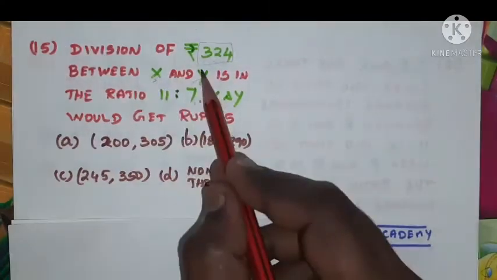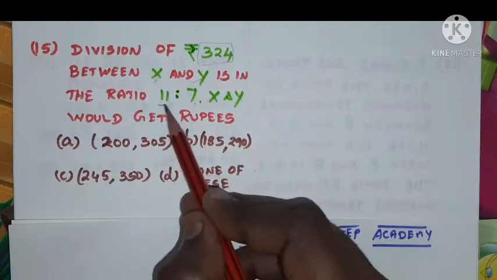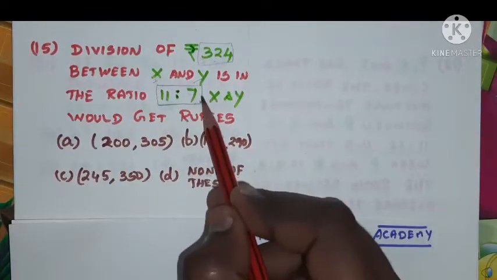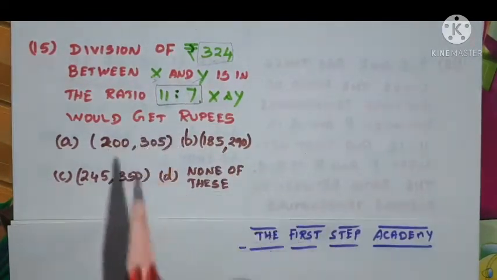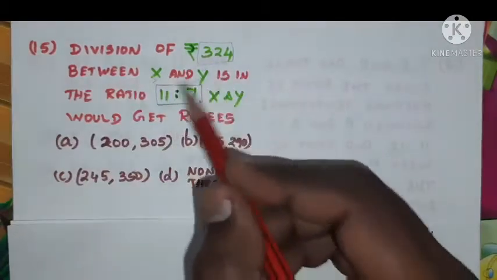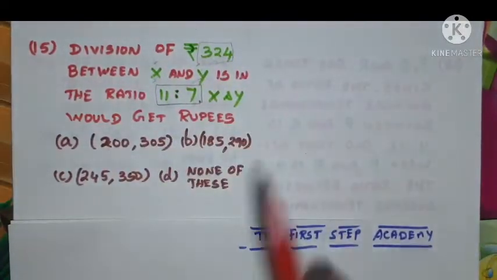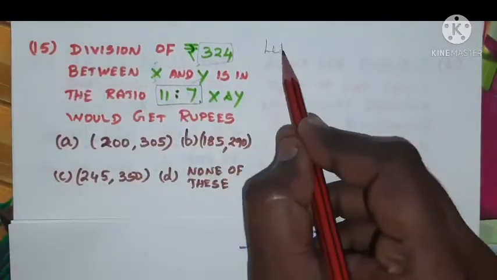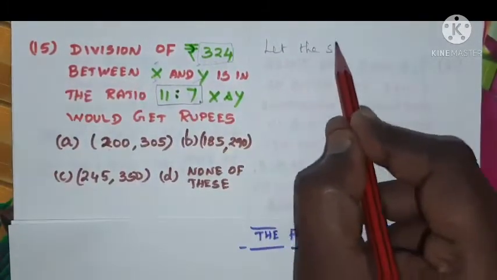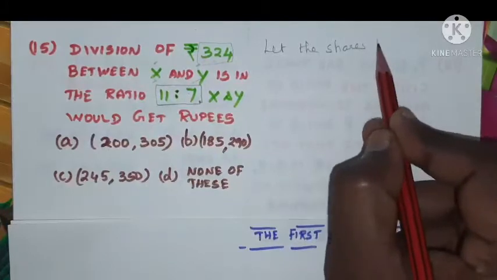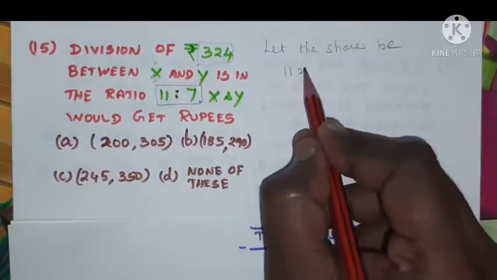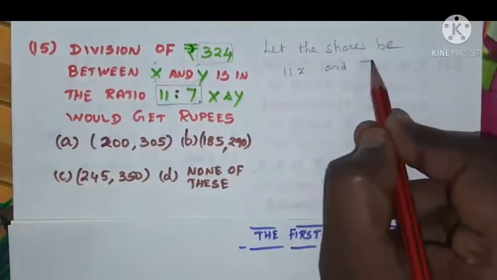Those shares are in the ratio of 11:7. Hence, they are asking us to find out how much amount x and y will get. Fine. Now, let the shares of x and y be 11x and 7x.